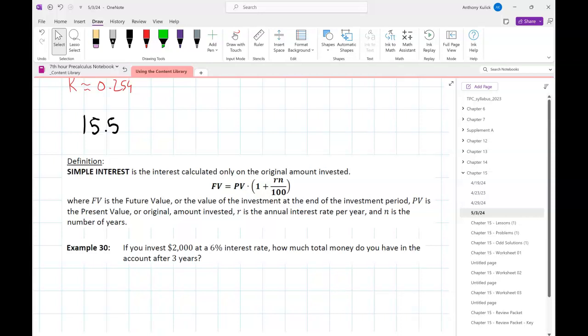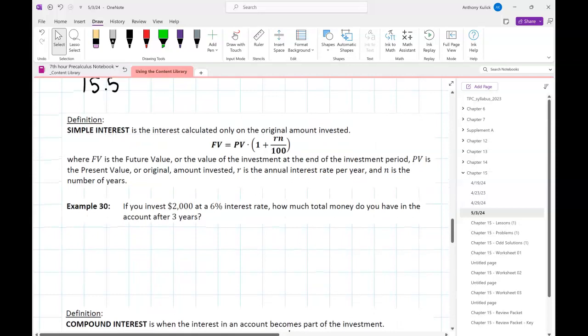FV stands for future value, PV for present value, R is your interest rate as a percentage, and N is the duration, or really the number of interest payments. Typically, it's going to be years.